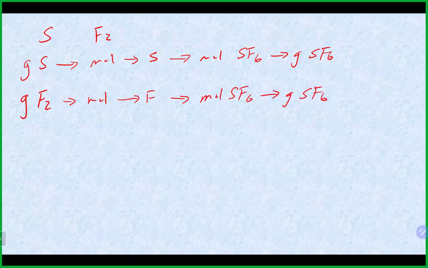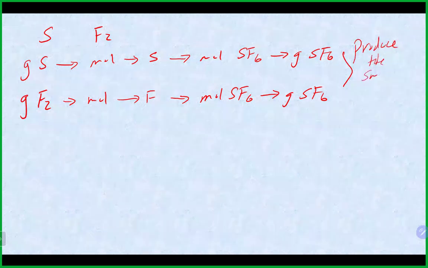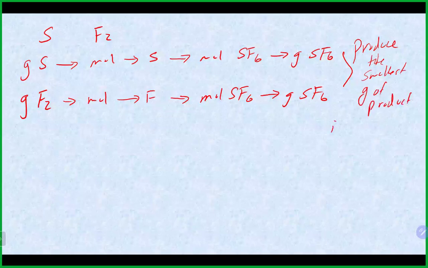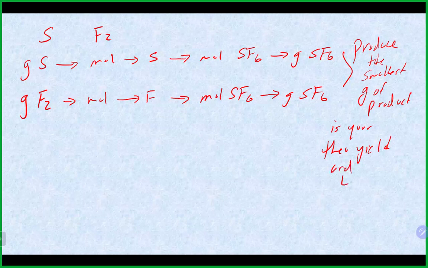You essentially would do 2 basic stoichiometry calculations using each reactant, going to the product of your choice that you're trying to find. And then whichever one would produce the smallest grams of product is your theoretical yield and your limiting reagent.